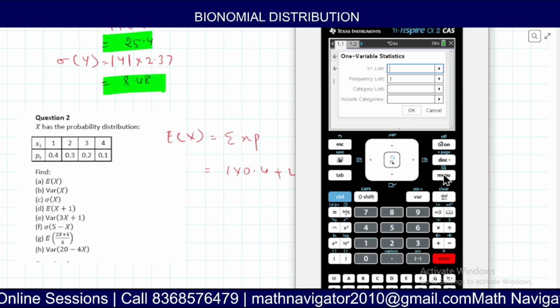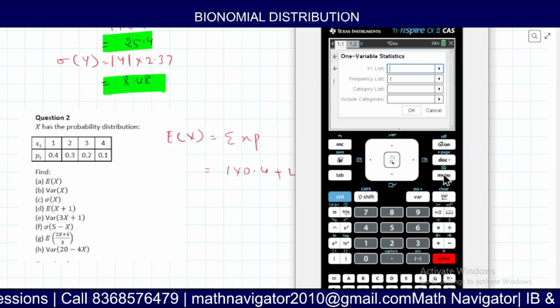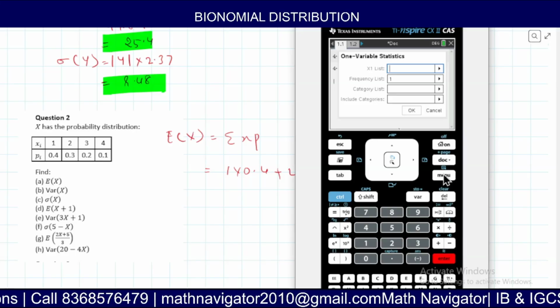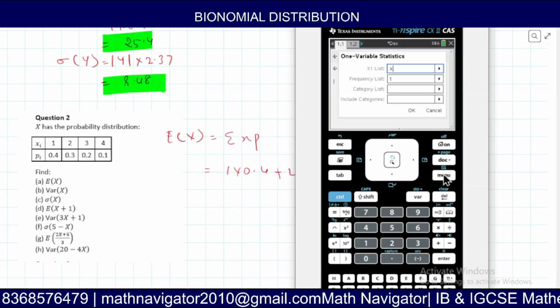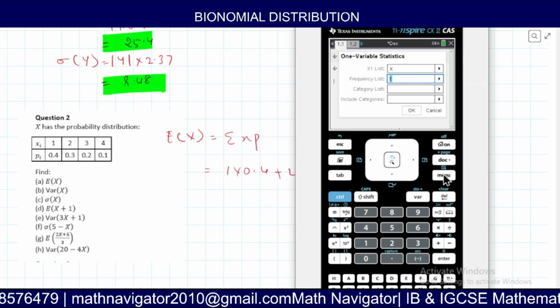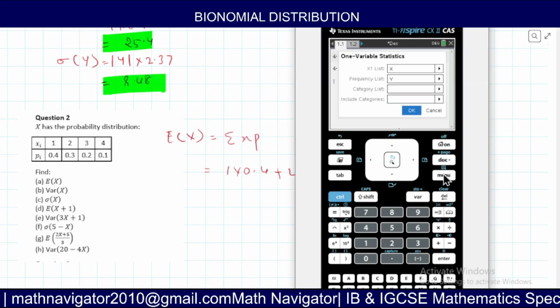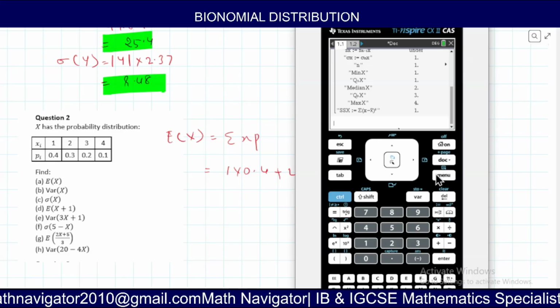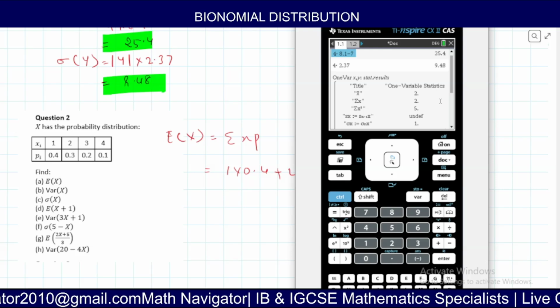X1 list is X, and this is Y, enter. Let's see what is my average. Average is 2.